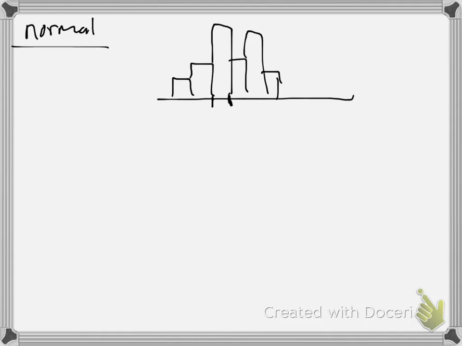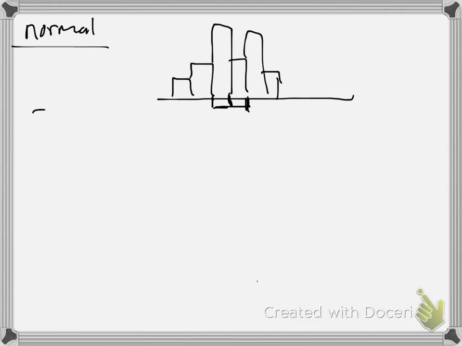If I were to use a different class length, I'd actually get a totally different shape. What are we looking for mostly? We're looking for whether this is roughly symmetric, but more than anything, if it were really skewed or if there were a lot of outliers, we couldn't use this.